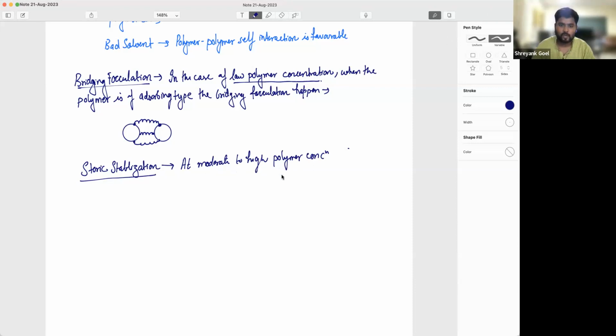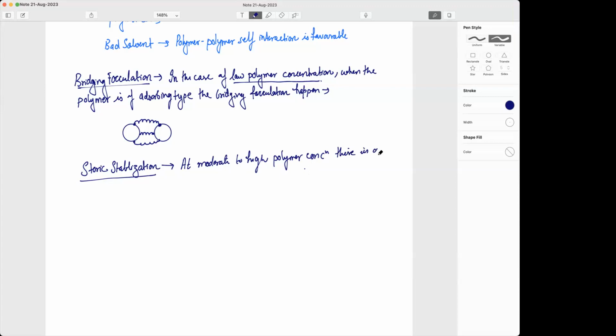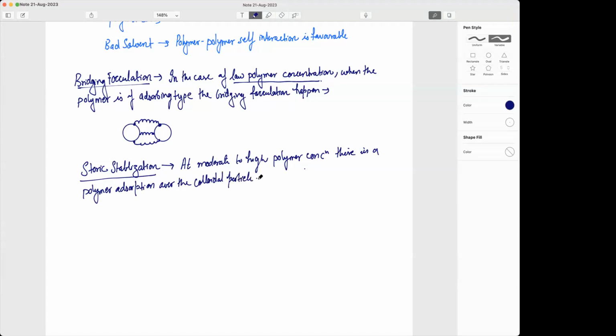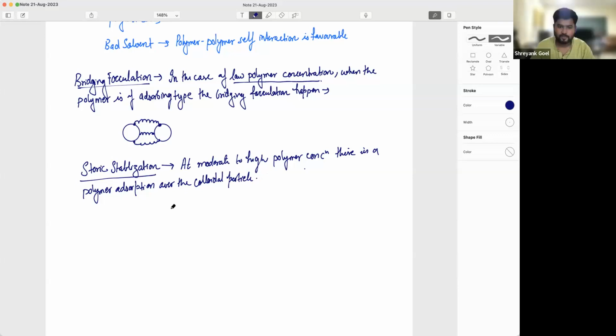So at moderate to high polymer concentration, there is polymer adsorption over the colloidal particle, and you have some brush-like structure.